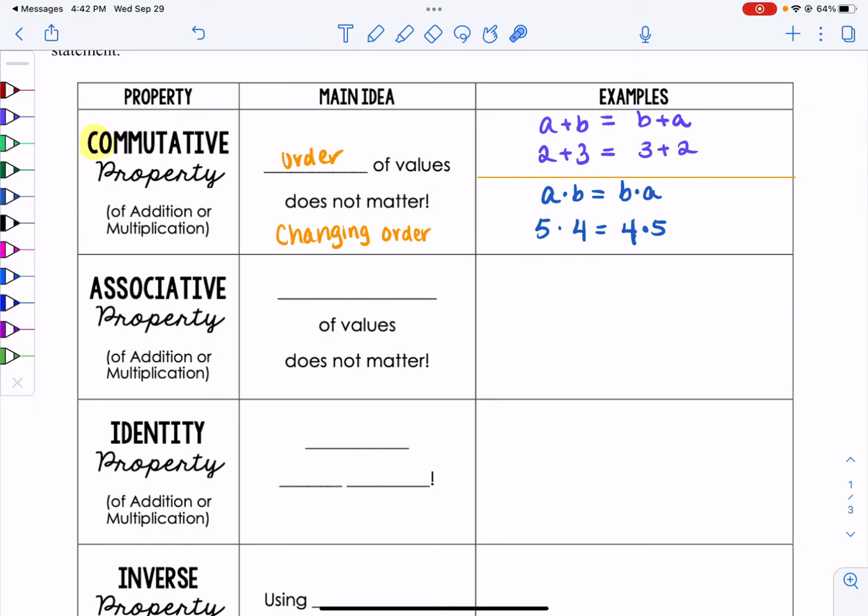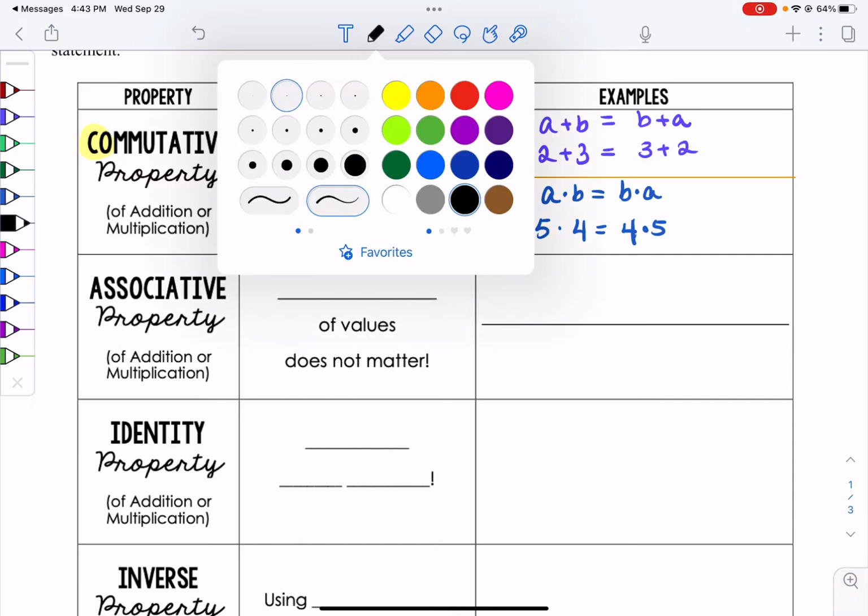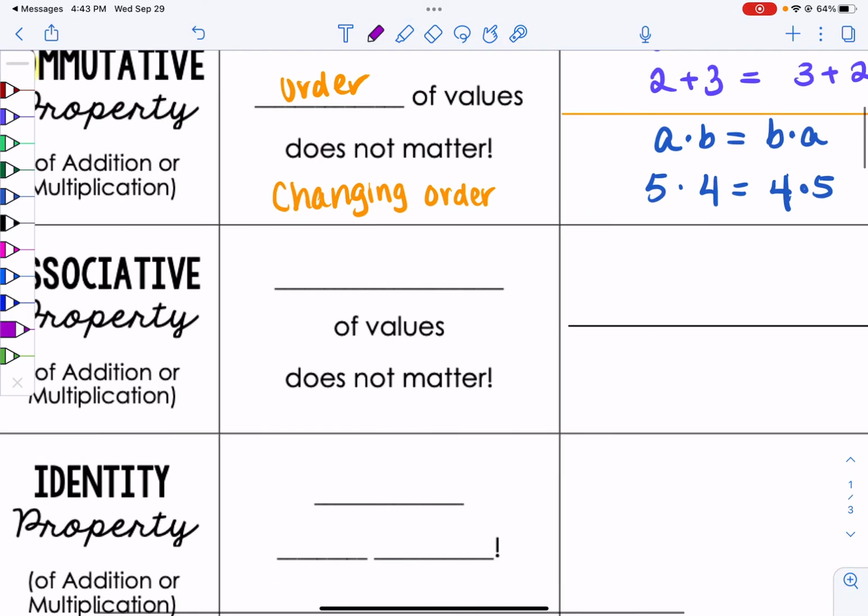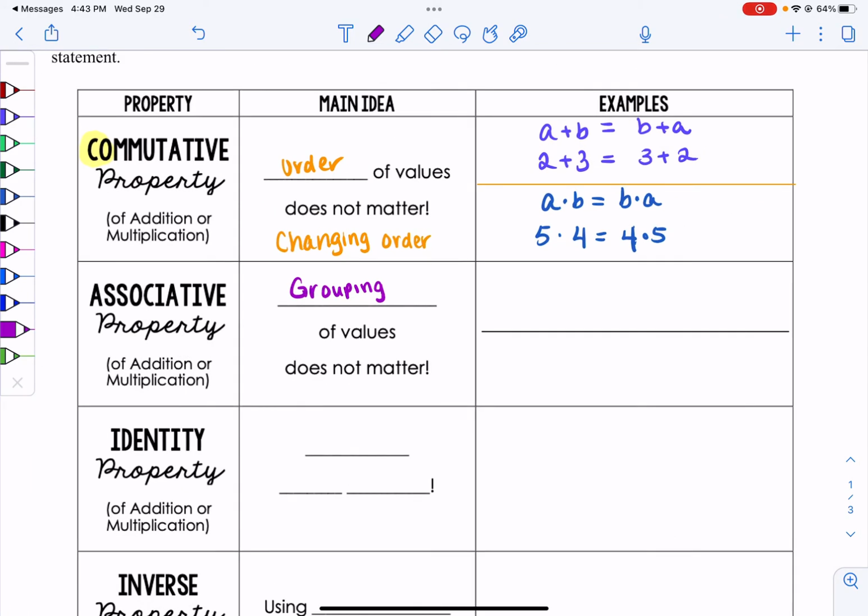We have the associative property of addition or multiplication. The associative property thinks of this in terms of groupings, so how I group things. Grouping of values does not matter. When we say grouping, it's written in the exact same order each and every time.